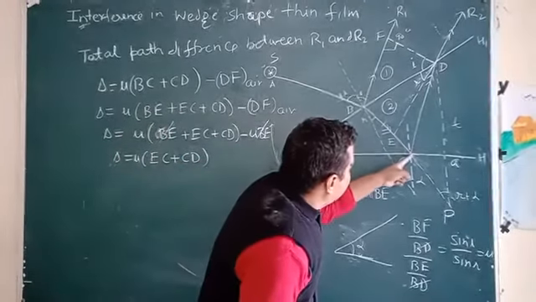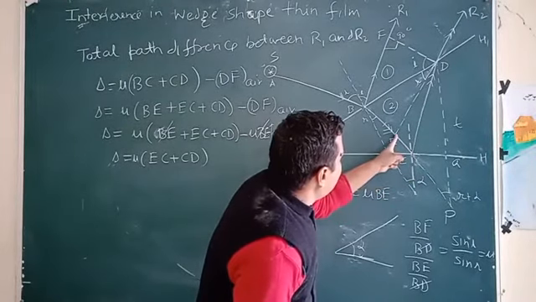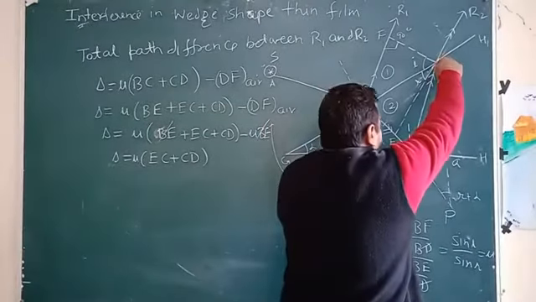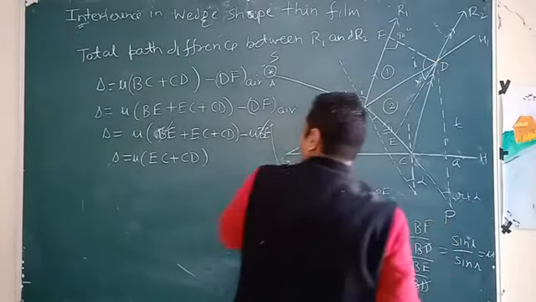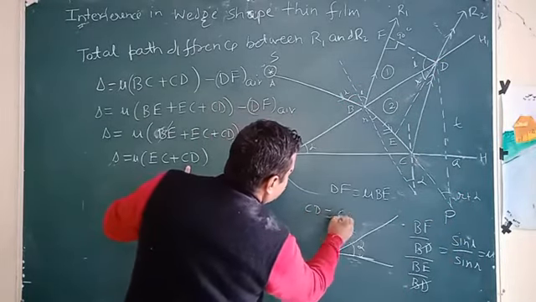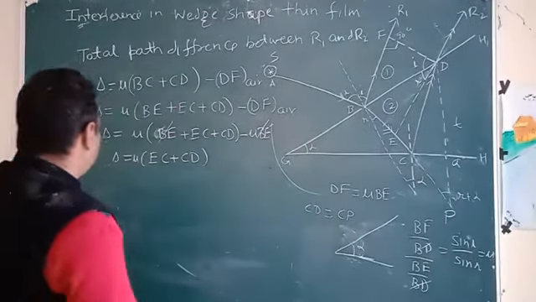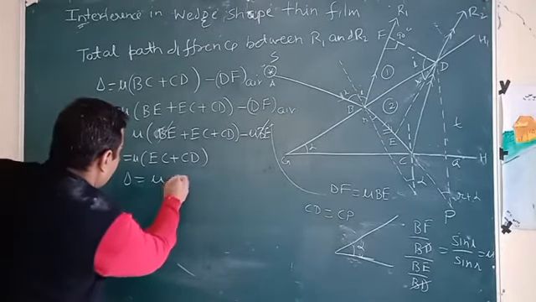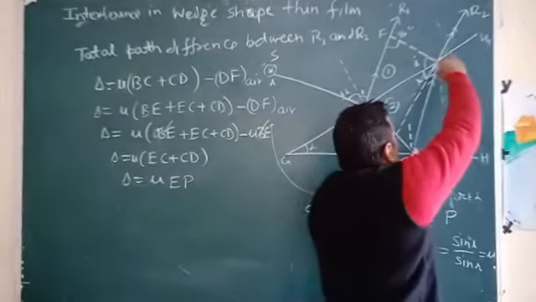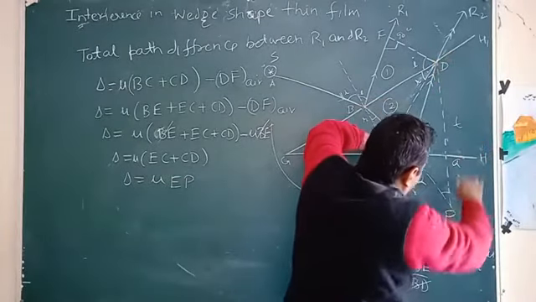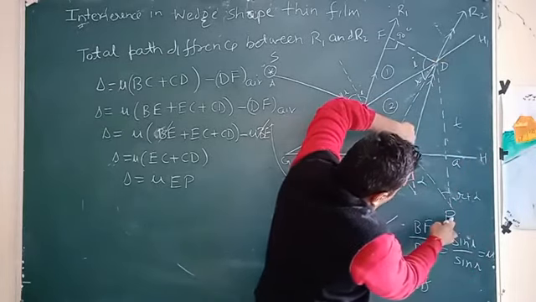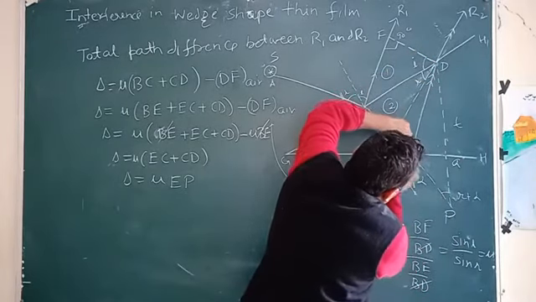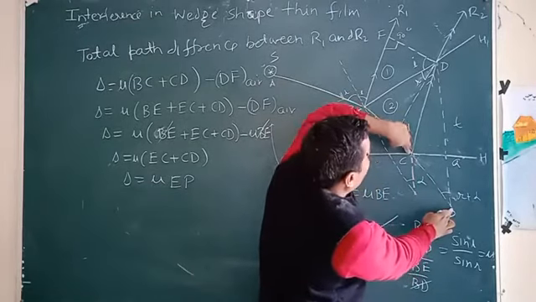Here CD is equal to CP, because when we extend the ray to meet at point P, the length CD equals CP. So the total is mu EP.